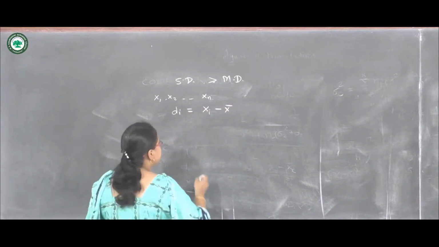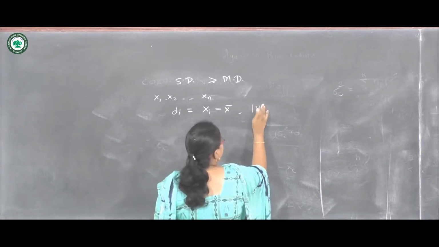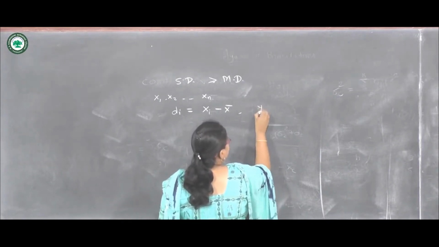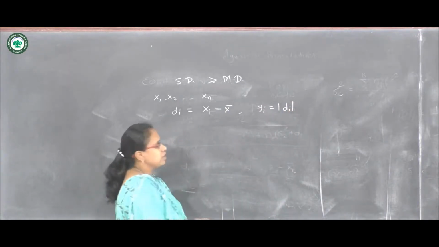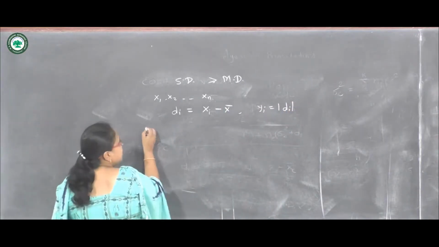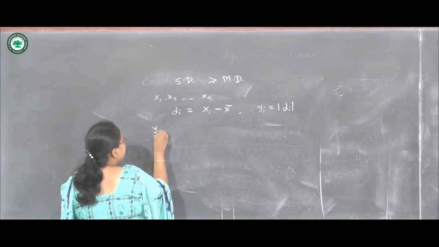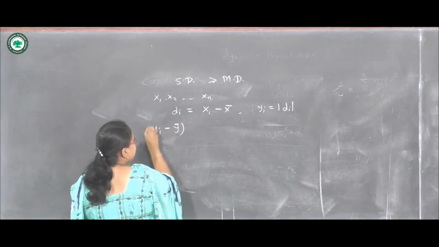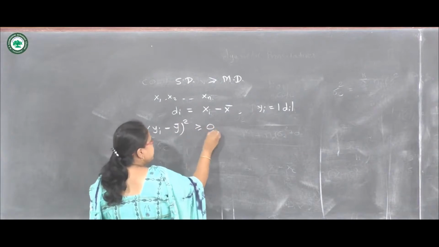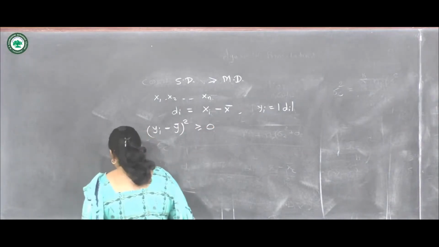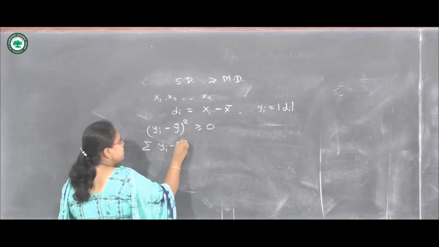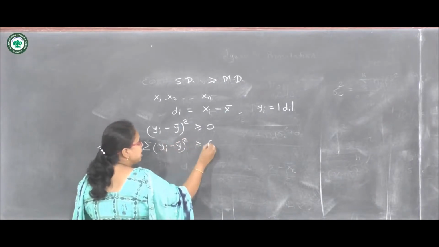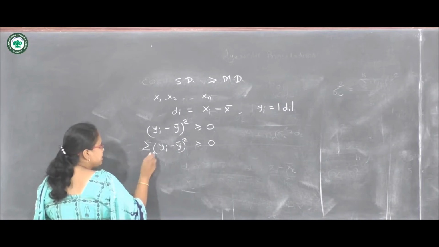We are supposing this. Then yi equals the absolute value of di. So (yi minus y bar) whole square is always positive. This we know that. Then if we take its summation, then summation of (yi minus y bar) whole square is greater than or equal to 0. Let us solve this bracket.